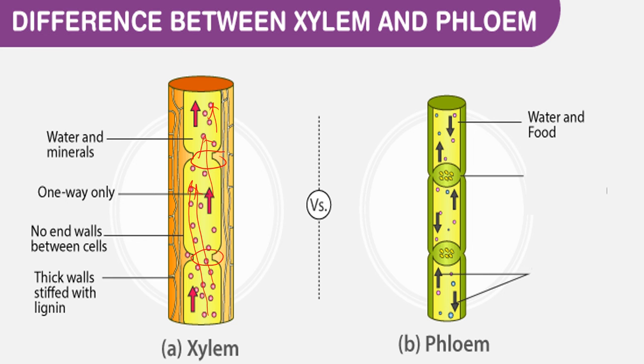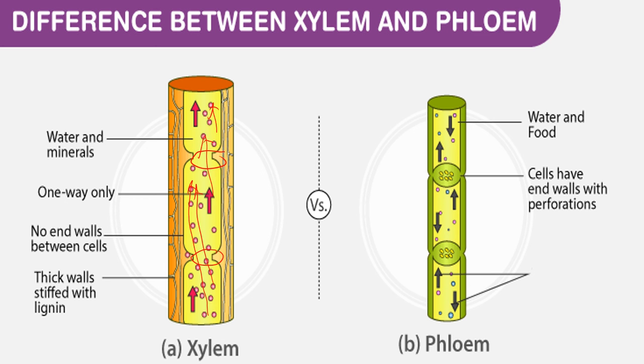Phloem, on the other hand, transports water and food from the leaf down to different parts of the plants. But unlike the xylem, the phloem has end walls with perforations in order to allow only select water and food molecules to be transported back and forth.